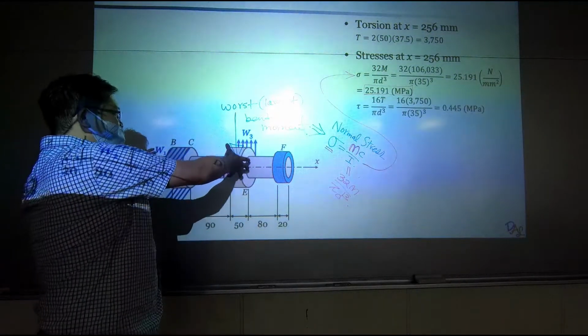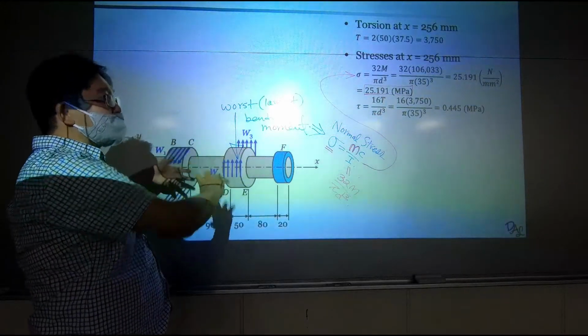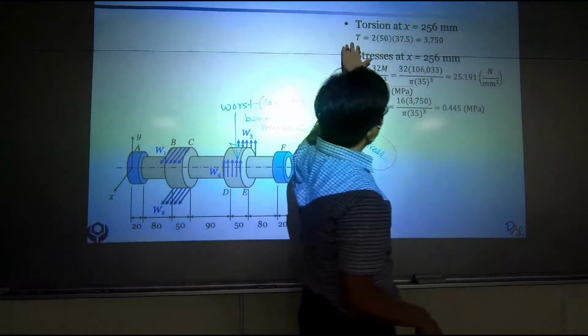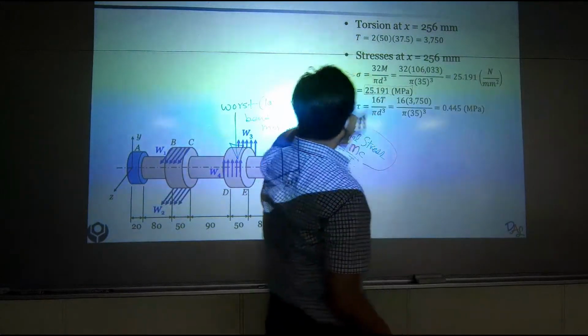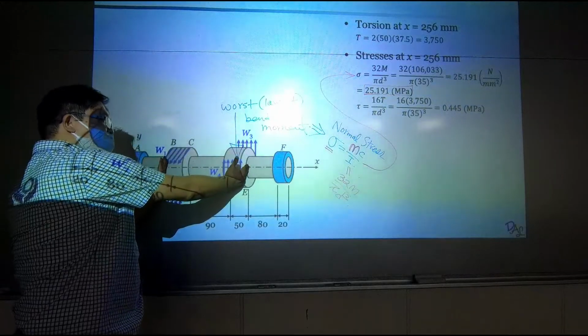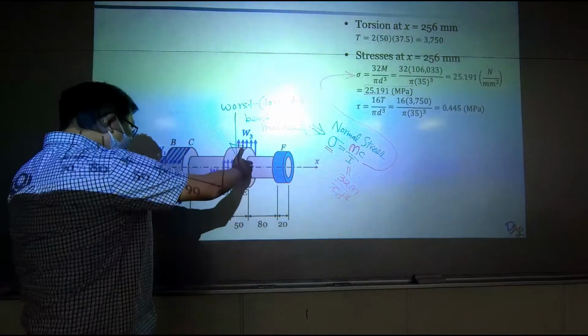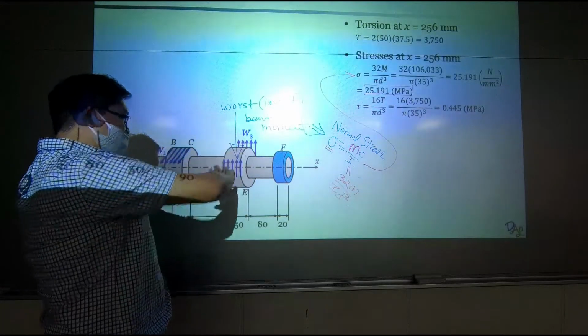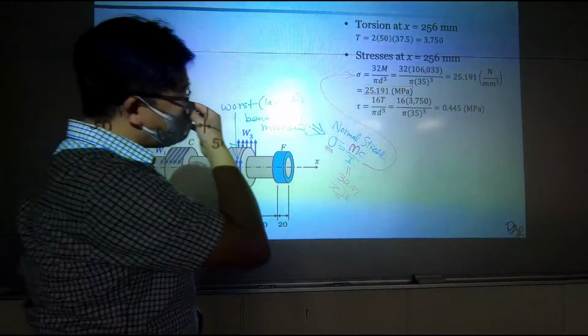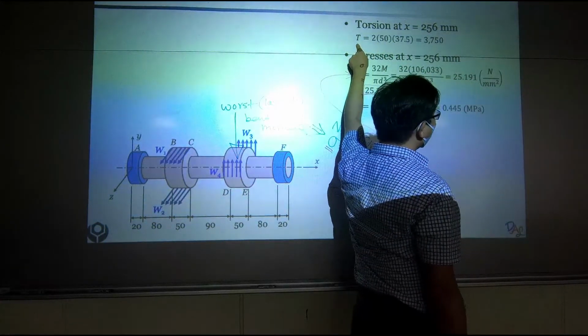So if this twisting condition is always there, we will have torsion everywhere, right in the middle, right here. So the position that we found is also within the region where we have this torsion. So we just calculate how large the torque is.